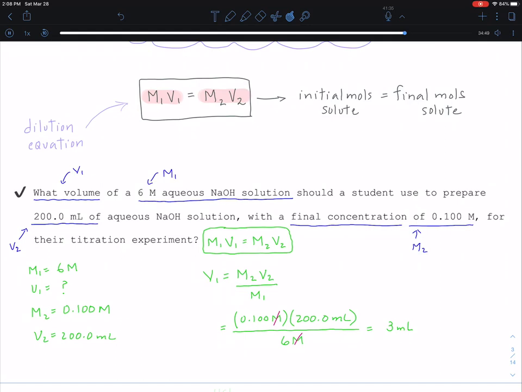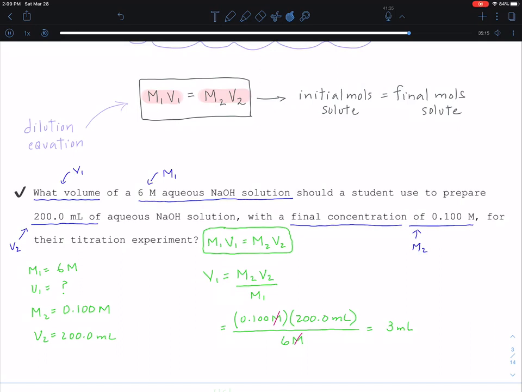But 3 milliliters of what, right? It's 3 milliliters of that concentrated sample. It's like I have a bottle of aqueous sodium hydroxide solution, and the label on the front says that the concentration of that stuff is 6 molar. I'm going to stick a syringe in there, and I'm going to suck up 3 mL of that 6 molar stuff.